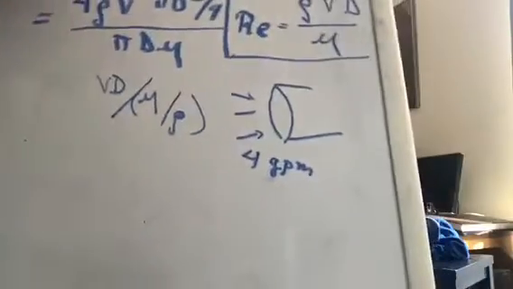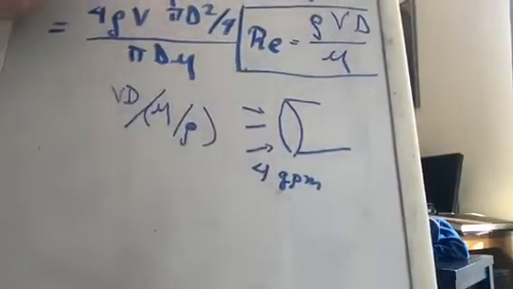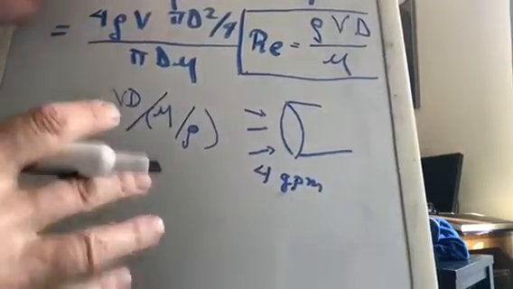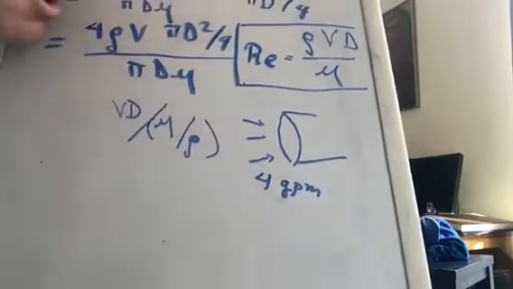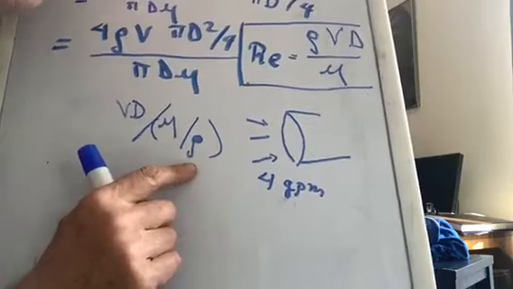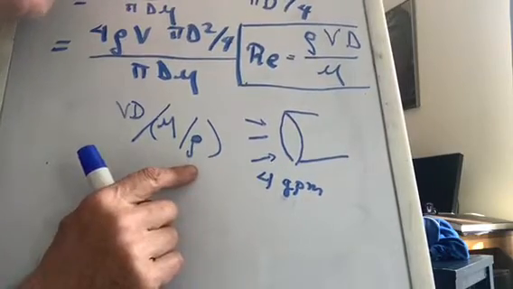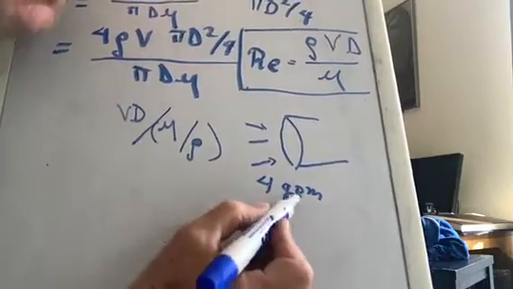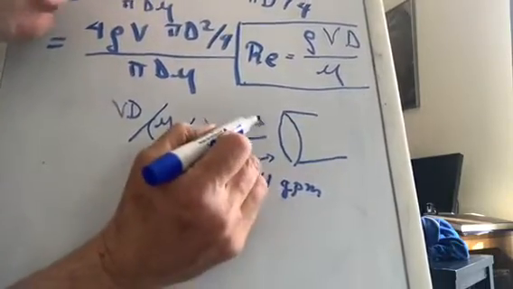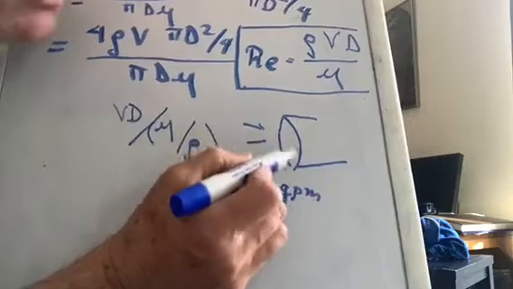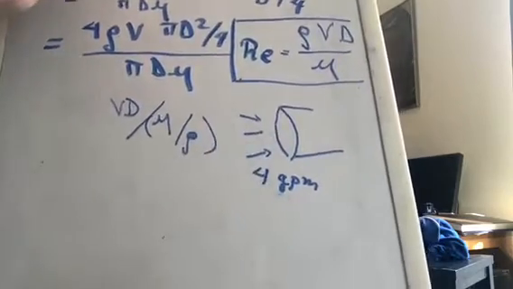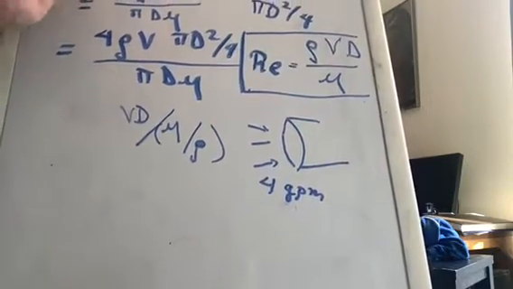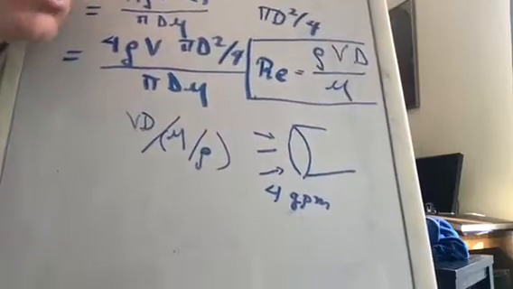And that 4 gallons per minute could be honey, it could be water, it could be air. A gallon's a unit of volume. Okay, first of all, what would we want rho to be? Would we want rho to be large or small? And it turns out we want density, we want this fluid not to be very dense. What's going on? We're trying to squeeze that water into that area and deal with that no-slip condition at the perimeter, so we would want the density to end up being very low.